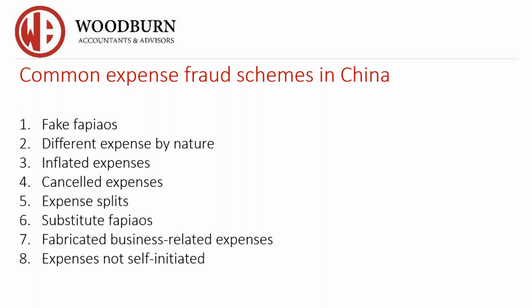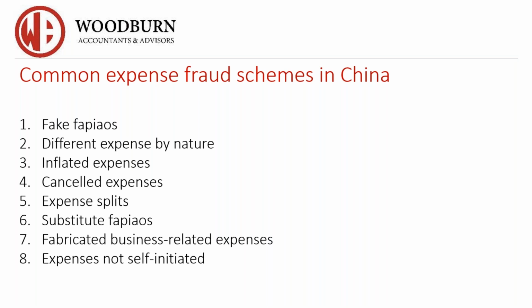The next one is canceled expenses. So this is basically where, again, it's kind of like a form of embezzlement, where the employee can go out to a restaurant, place an order for many, many dishes.